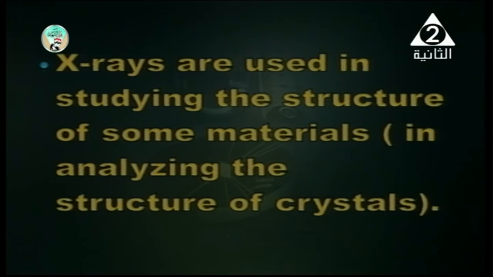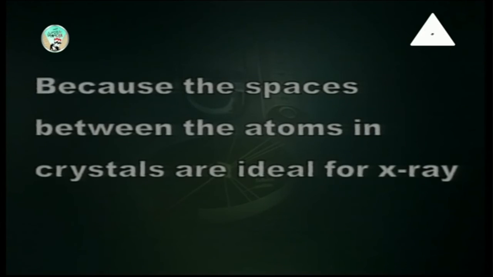X-rays are used in studying the structure of some materials, in analyzing the structure of crystals, because the spaces between the atoms in crystals are ideal for X-ray diffraction. So interference patterns are produced, revealing the structure of the crystal.